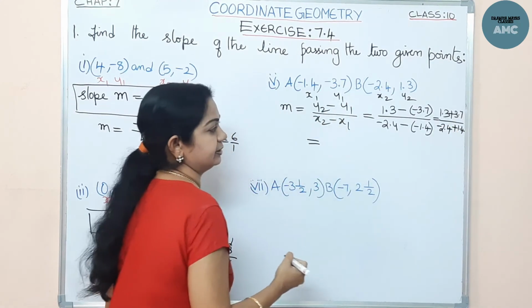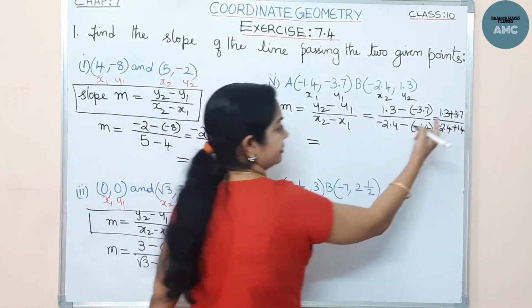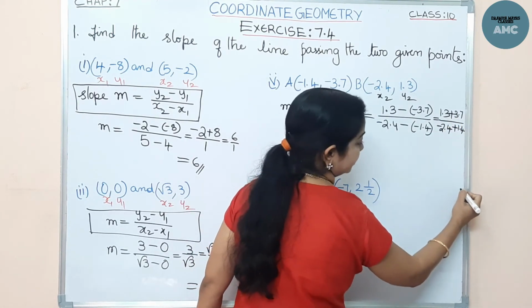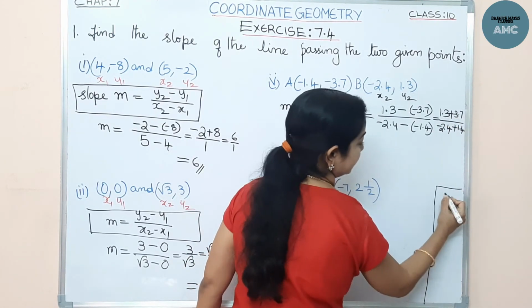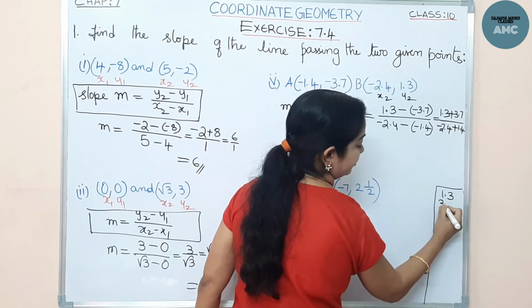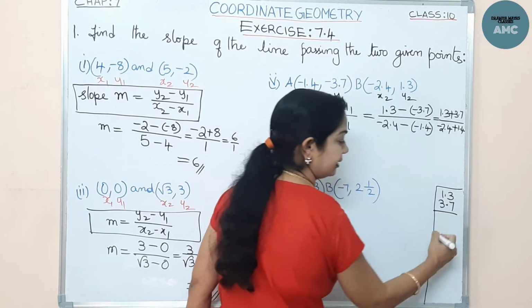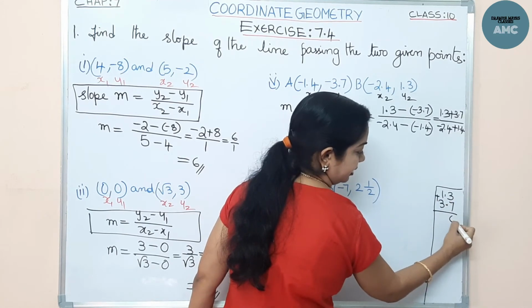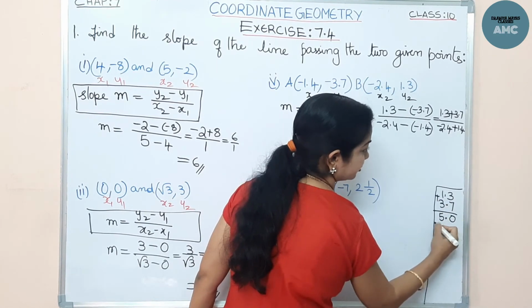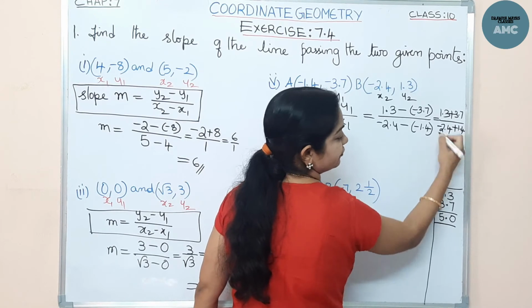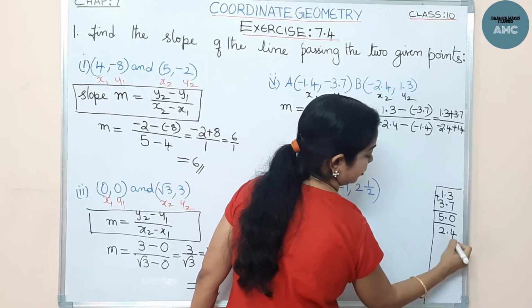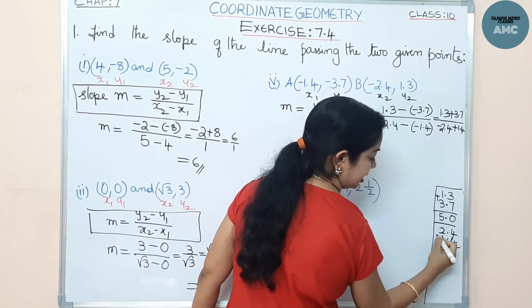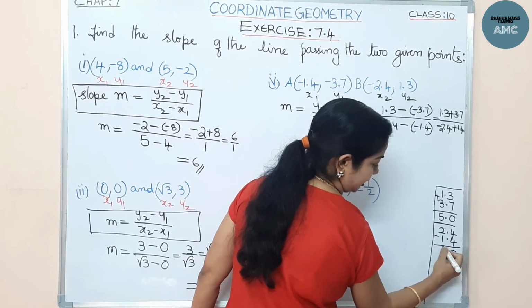So let me write here. Now if you add them, now let me take here this rough part. Okay. 1.3, 3.7, adding the decimals, decimal upon decimal only. Okay. This is 5.0, and subtracting because different signs. So 2 minus 4, 1 minus 4, clearly we can see there is only 1.